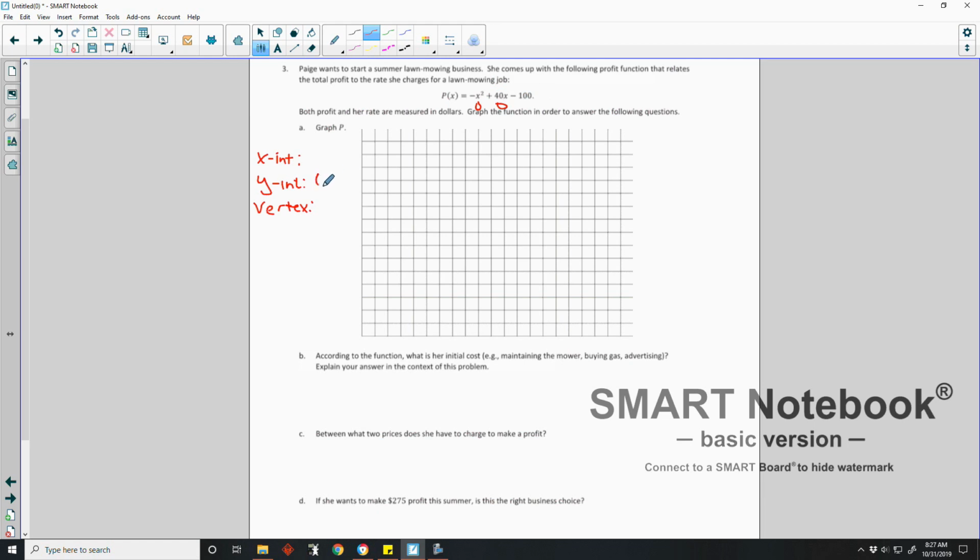So the y-intercept is 0, comma, negative 100. Negative 100 would be way off the graph, so there's an indication there. There's our y-intercept.